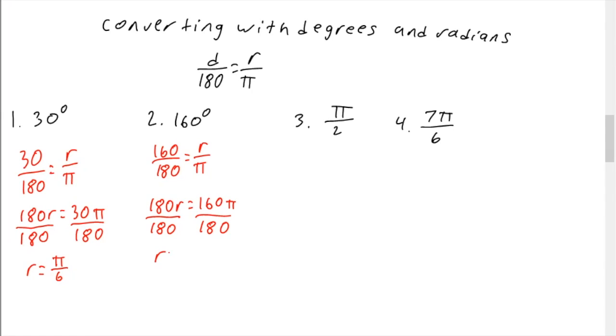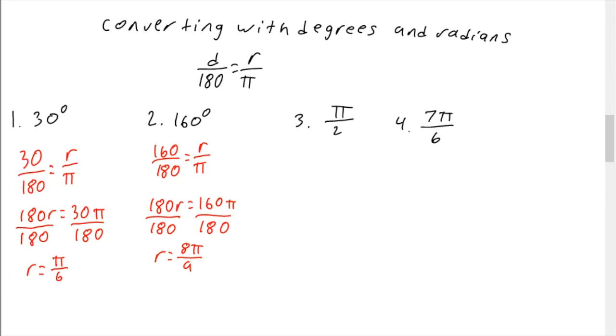And that will give us r equals, and 160 divided by 180 can reduce to 16 over 18, which can reduce to 8 over 9. So we've got 8 pi over 9, which is the same thing as saying 8 times 180 divided by 9 will give us 160.